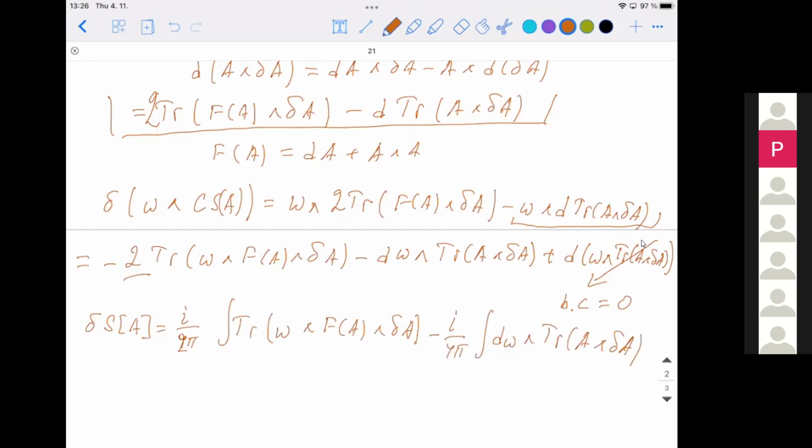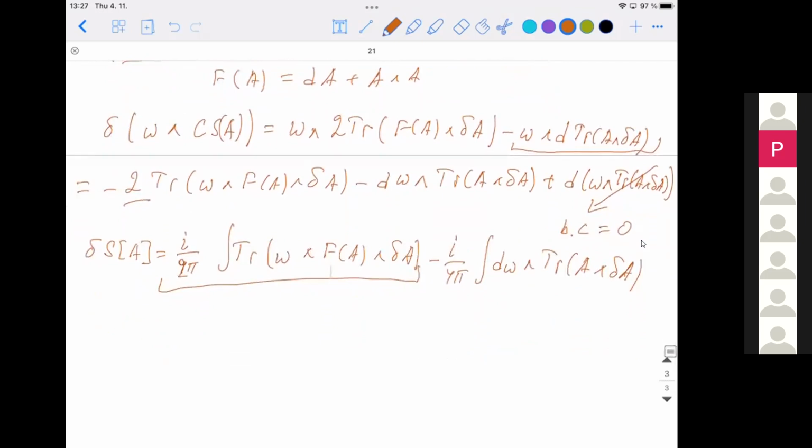Okay, so this is the bulk term, and from here we will read off the equation of motion. This other one is actually called the two-dimensional defect term.